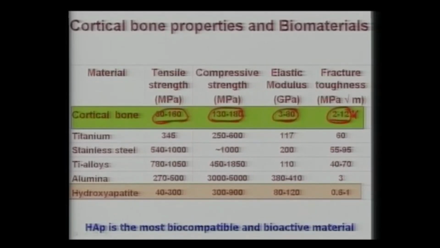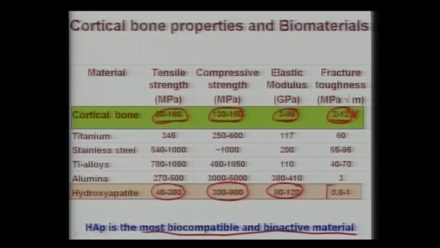I have put a star on this fracture toughness because I want to highlight that pure 100% hydroxyapatite, which is the most biocompatible and bioactive material among all the materials investigated or developed to date, matches most of the properties of the cortical bone. It has equally high tensile strength, much better compressive strength than natural bone, and the elastic modulus can also be tuned to some extent, at 80 to 140 gigapascal.